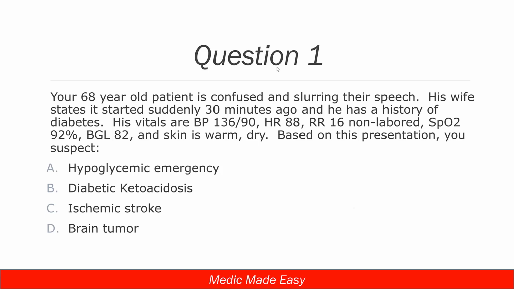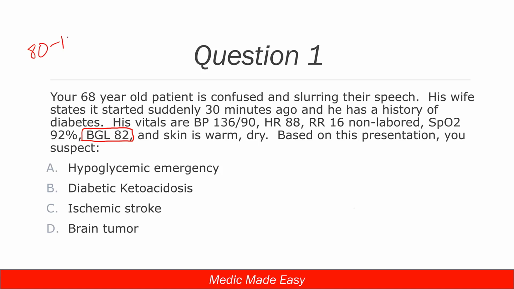Right? So we're going to go through it, and I appreciate you guys jumping in and choosing C. That's obviously going to be our correct answer. One of the ones to think about, we've got a confused patient, slurring their speech, history of diabetes. Definitely sounds like it could be diabetes. Right? But A is wrong because we have a blood sugar of 82.